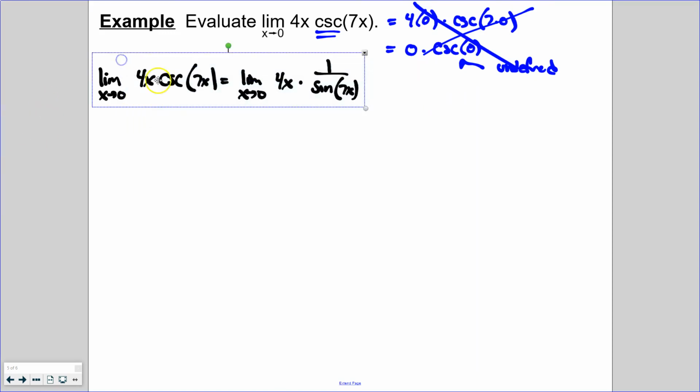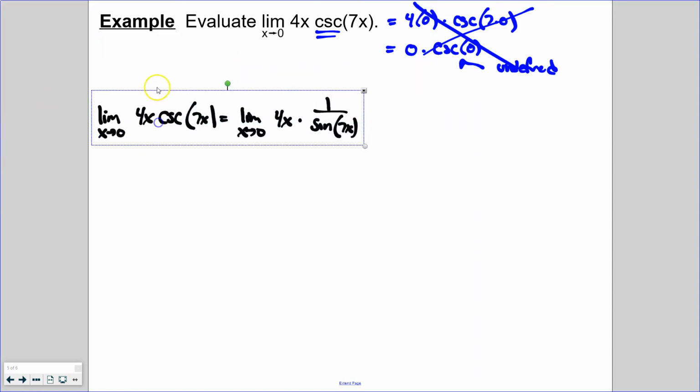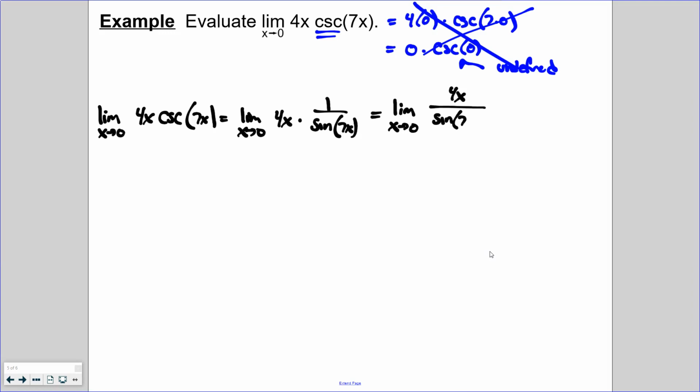All right, well, now I have 4x times 1 over sine of 7x, so I can even rewrite this as one single fraction, 4x over sine of 7x.